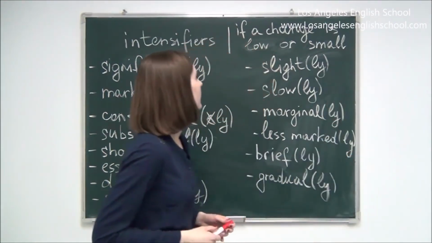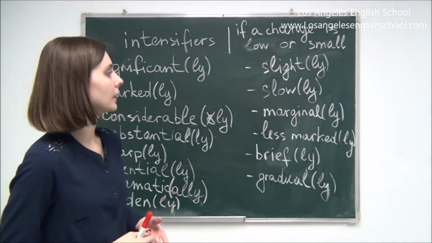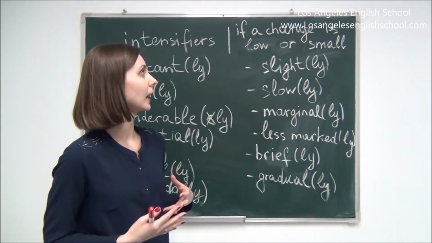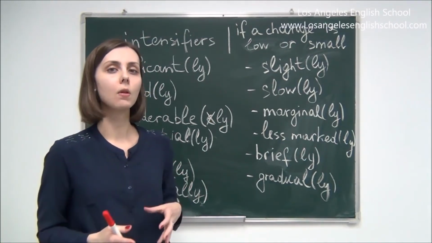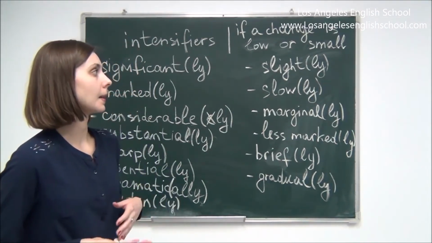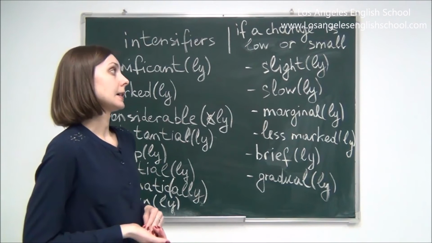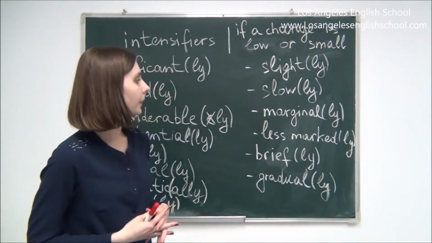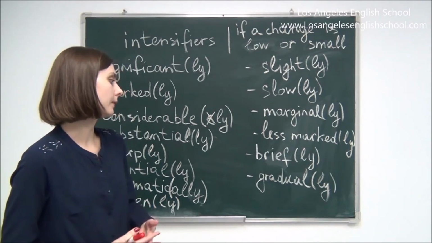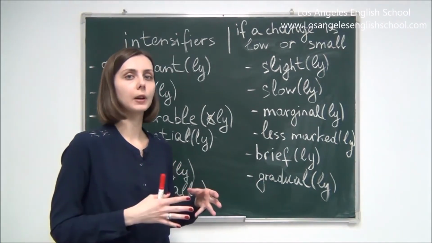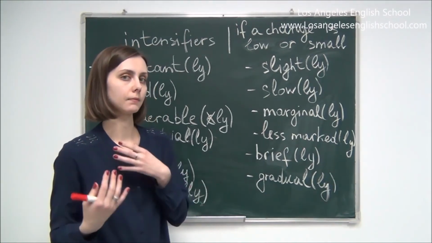The next we have some adjectives and adverbs you may use to illustrate some low or small change. So let's take a look at some adjectives. You can use slight, slow, marginal, less marked, brief, gradual. For example, you can use a noun phrase and the adjective.